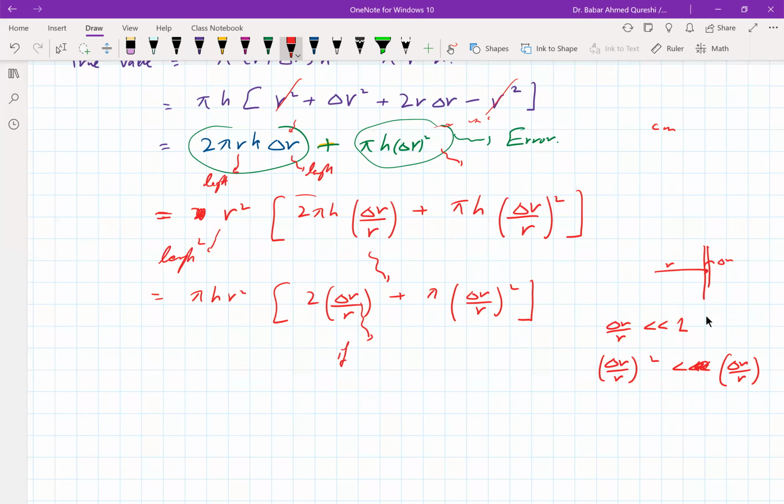So if this is less than 1, then this is smaller than delta r over r, and the approximation is good.